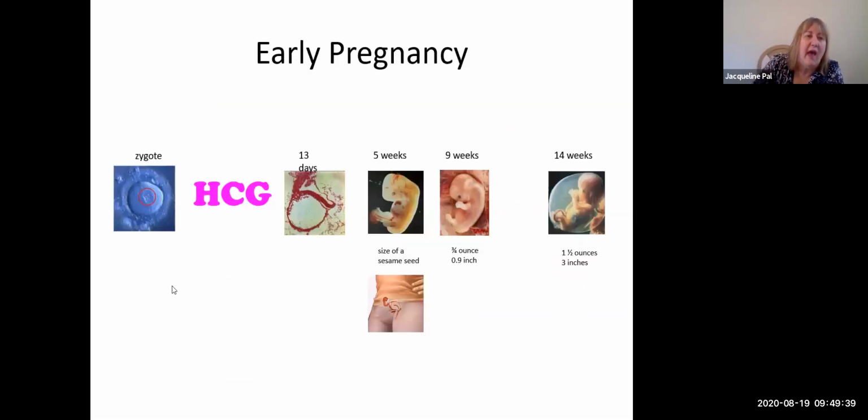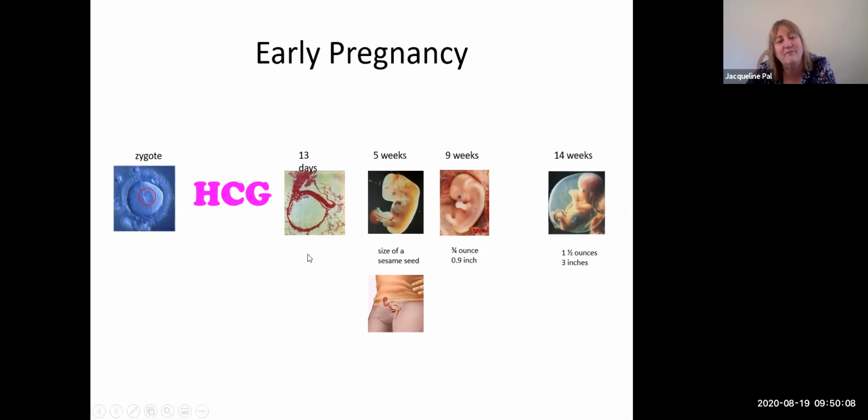So after the zygote, while it is still in the fallopian tube, it's going to start proliferating in cells and start producing human chorionic gonadotropin, thereby giving the positive feedback to the corpus luteum for it to continue its progesterone and estrogen secretion.